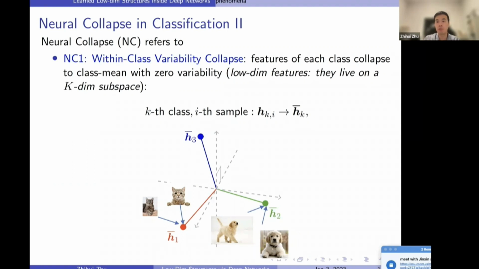They will converge to their class mean feature. Likewise, all the features for the dogs also correspond to a single point. So if you think about it, all the features turn out to have k different values. Therefore, all the features live on a low dimensional space, a k dimensional subspace.